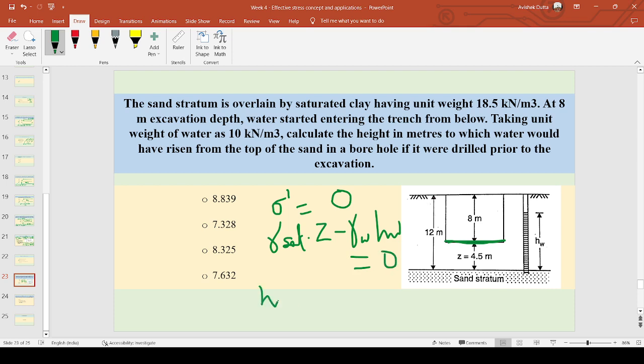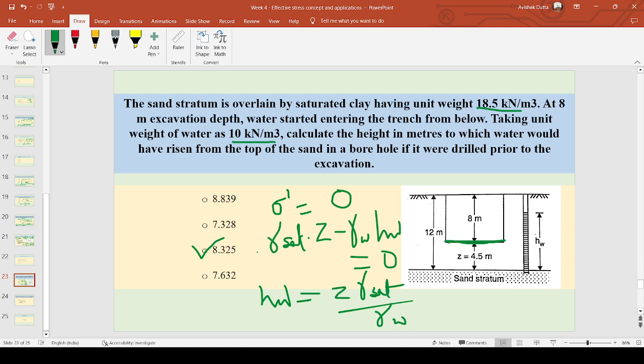So HW will be equal to Z gamma sat divided by gamma W. So Z is 4.5, gamma sat is being given over here 18.5, and gamma W we are asked to consider as 10. So now putting all the values, you get a value, option number 3, 8.325.